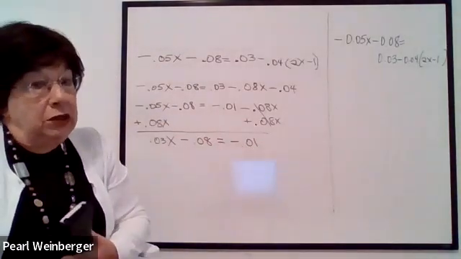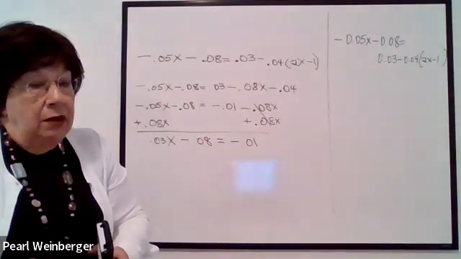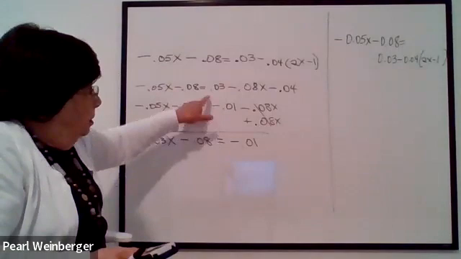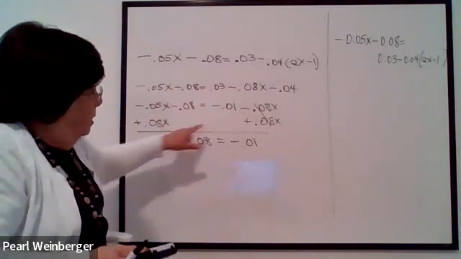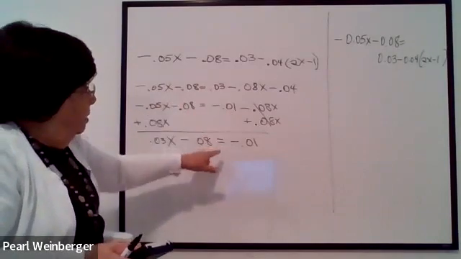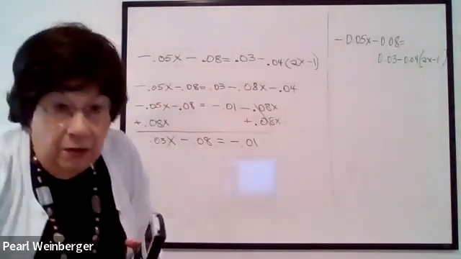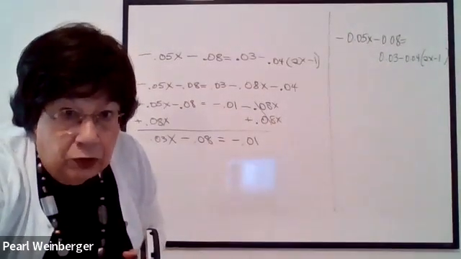But when you're using your calculator, you have to be careful, if you want to put in a negative number, that you push your negative button, not your subtraction button.